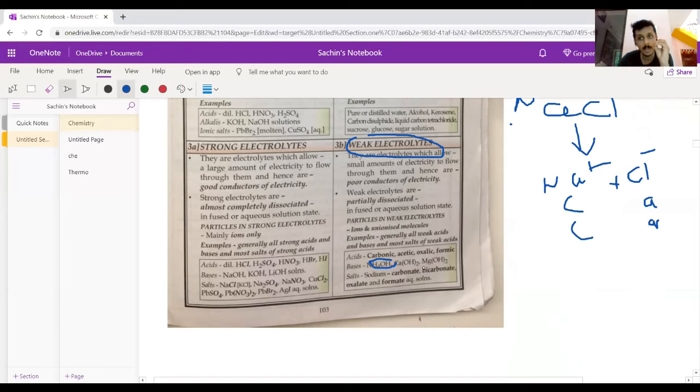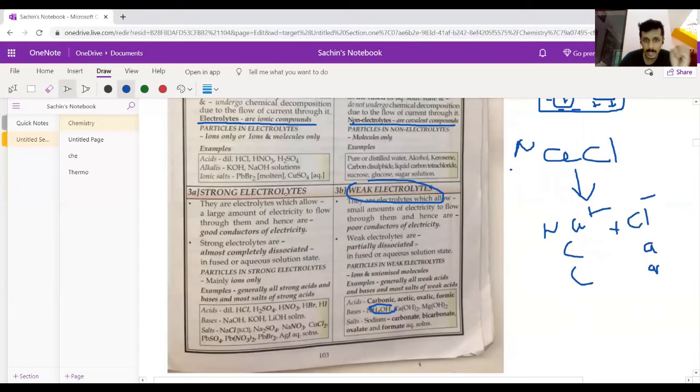Generally, I'm stressing the word generally, the elements belonging to group 2 in the periodic table, remember, which are the alkaline earth metals, their hydroxides will be weak electrolytes. That means when I take Ca(OH)2, dissolve it in water and pass an electric current, I will have both calcium hydroxide molecules and Ca2+ and OH minus ions.